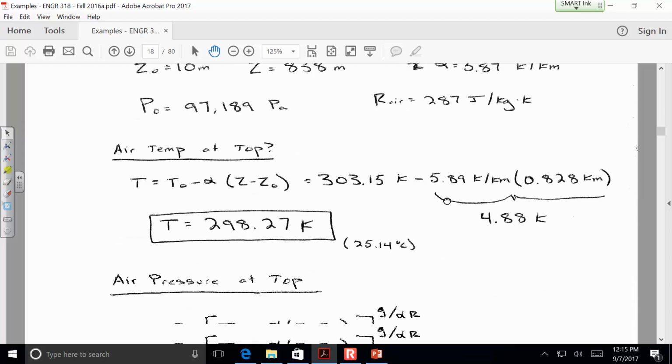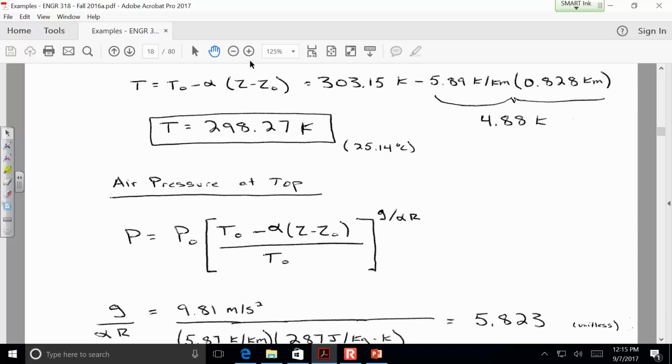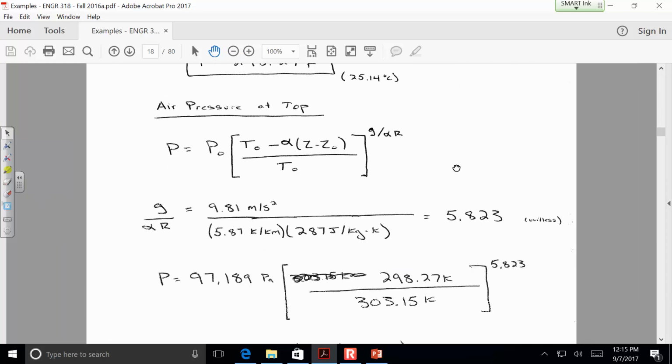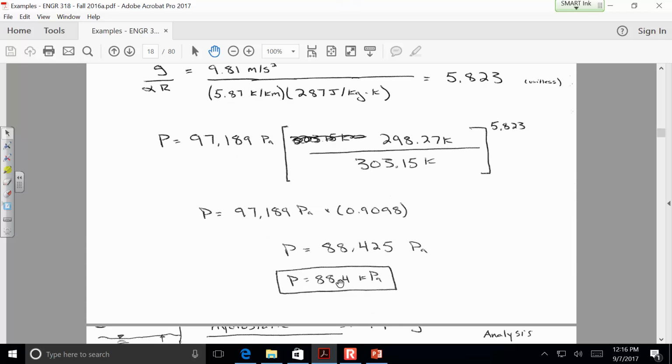All right. Now, for the next part, we're going to apply this air pressure at the top approach, but I'm now not so sure that I did it right. I'm going to have to double check the units of this exponent factor here. What I had intended is that, if we calculate this unitless exponent factor, then you end up multiplying the ratio by the initial pressure, and if you just do all those calculations, it's 88.4 kilopascals.